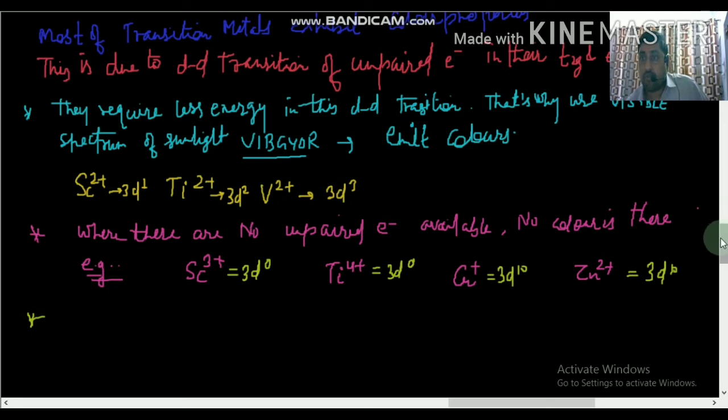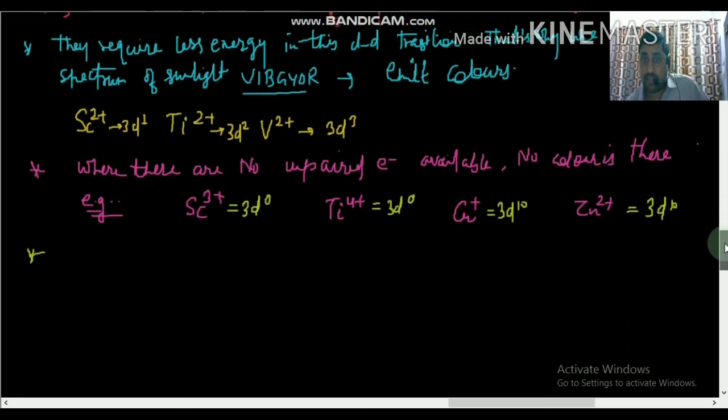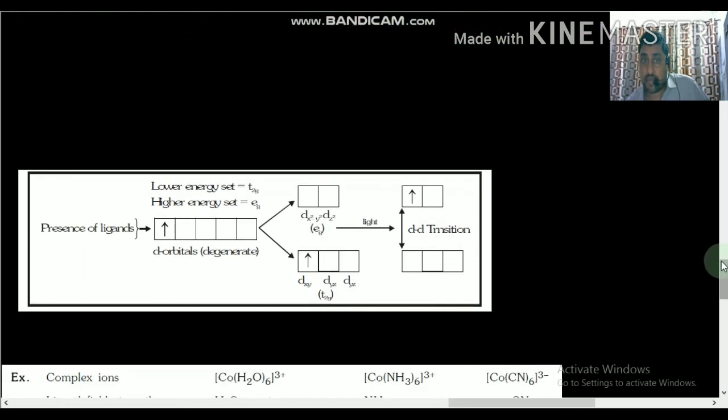Now see how they exhibit color. So there is a diagram. Here is the electronic configuration 3d1. Now when this electron absorbs light, say this is the degenerate level.